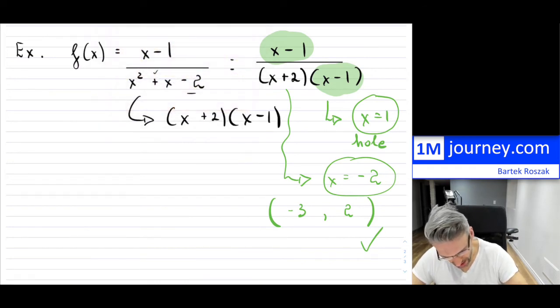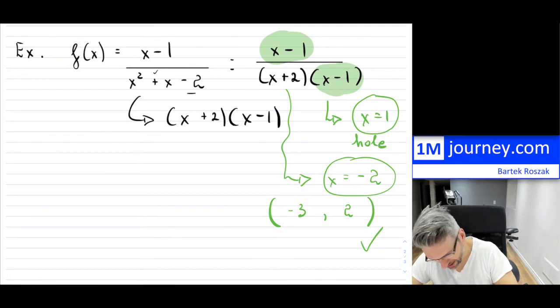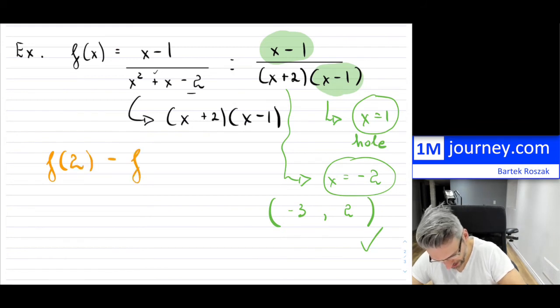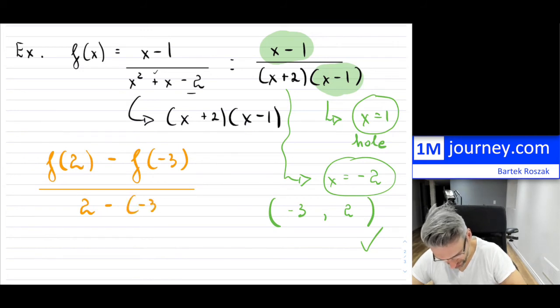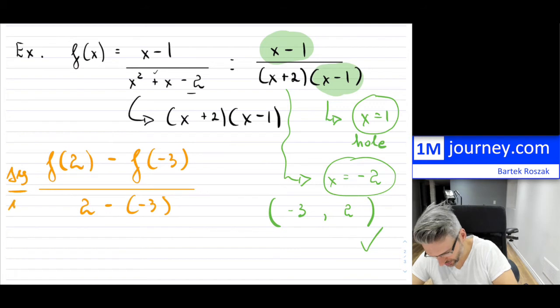So let's say I want to find my secant: this is going to be f of 2 minus f of negative 3, all over 2 minus negative 3. I'm really just finding the slope.